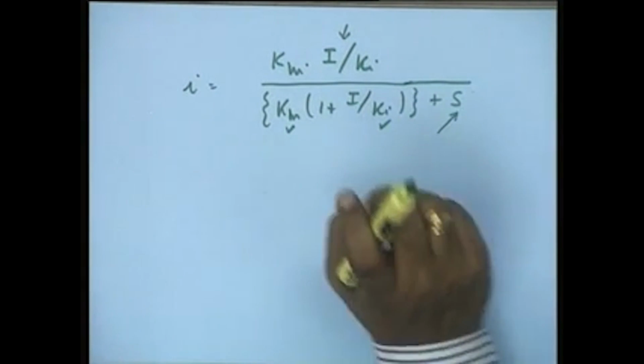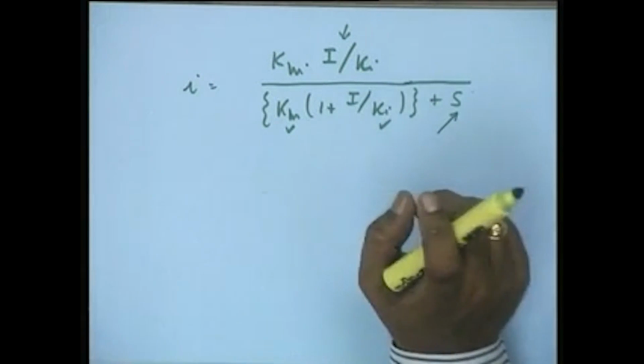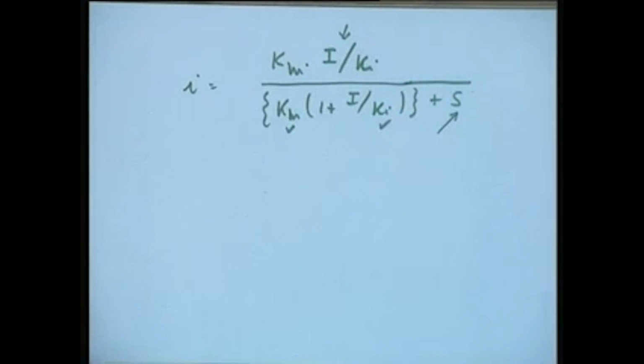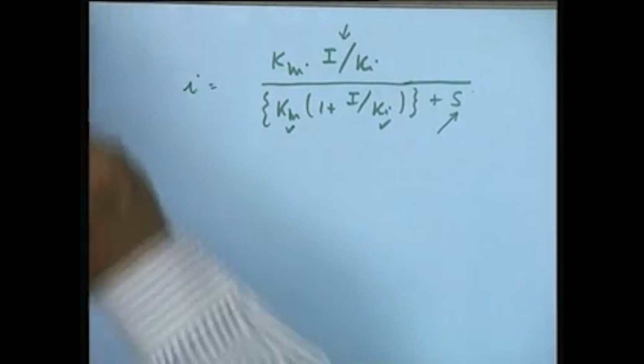All the parameters influence the degree of inhibition at any given inhibitor concentration for the competitive inhibitor.